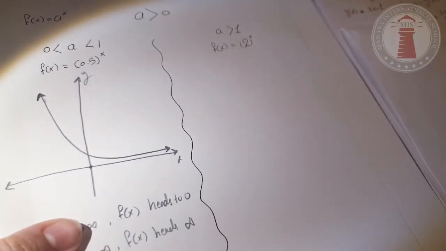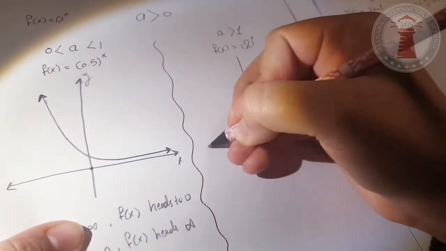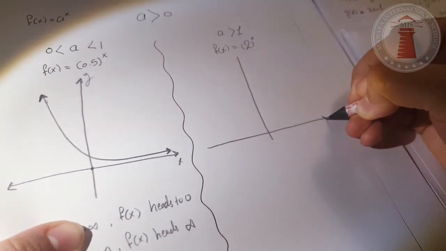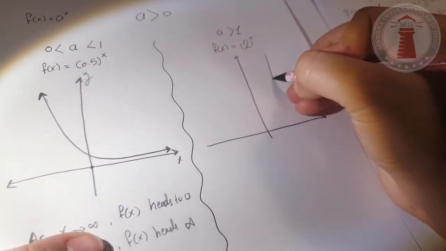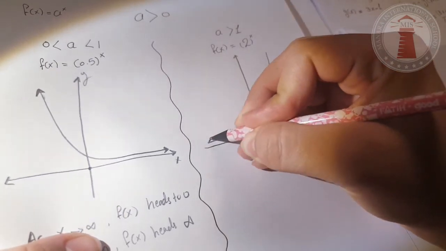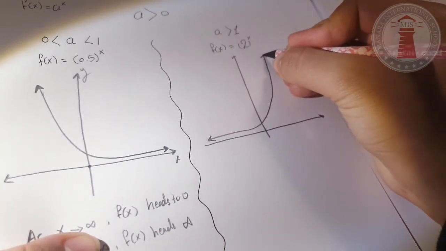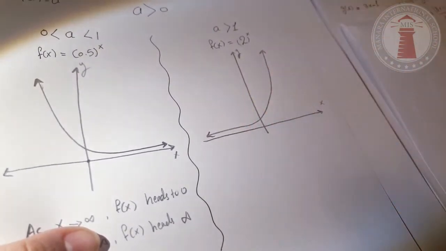When we graph this, we will get this function. It's like a mirror to the previous one. Okay, this is y here, this is x here, and this is our f of x in this case.